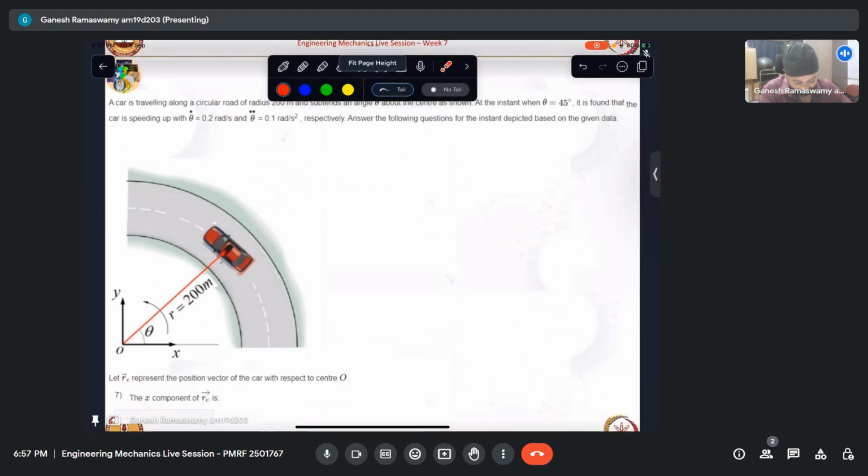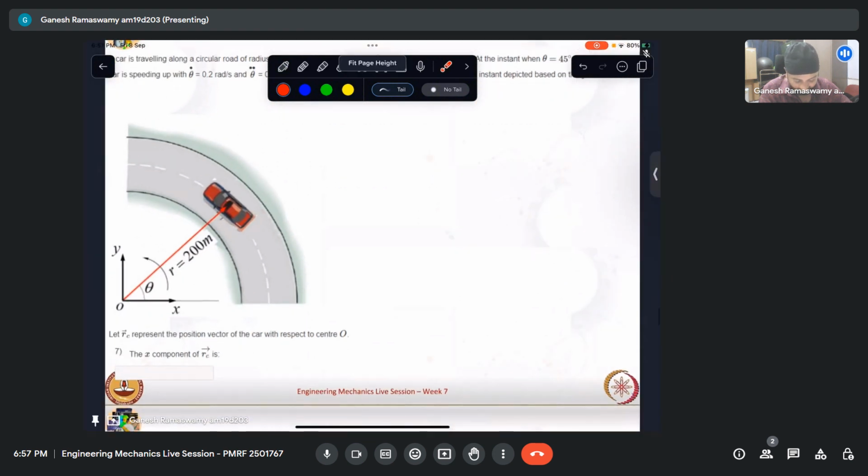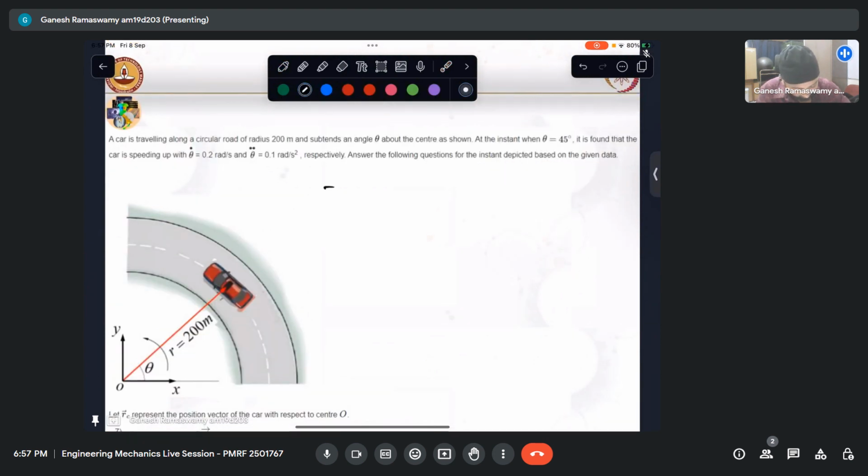Okay, so now there is a question, is theta dot the angular velocity of the car? The answer is a resounding no.